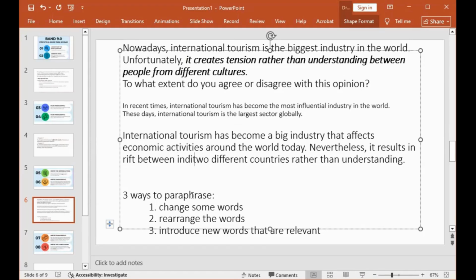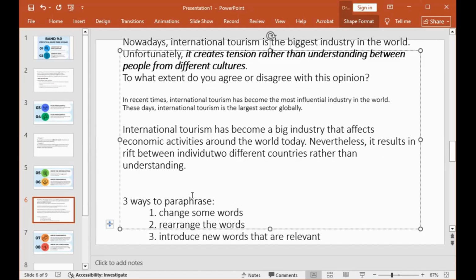Individuals from different countries. Let's not put two, let's just say different. It results in rifts between individuals from different countries. Or, okay, let's leave countries alone.